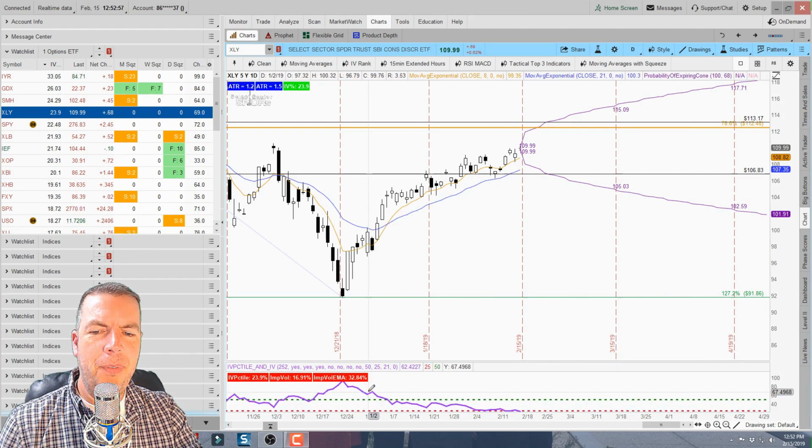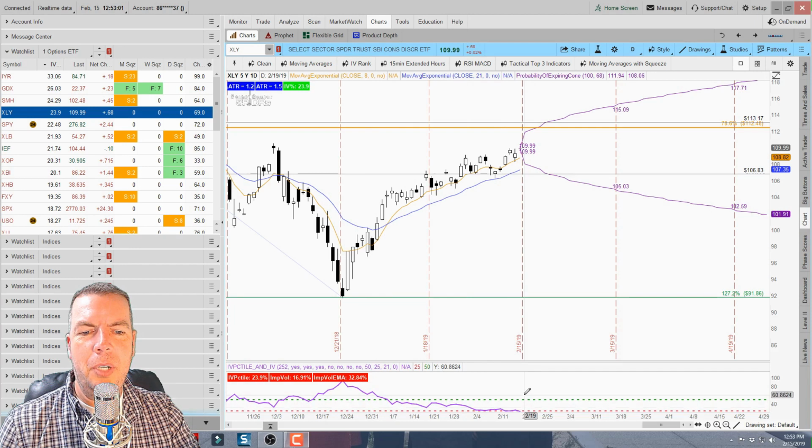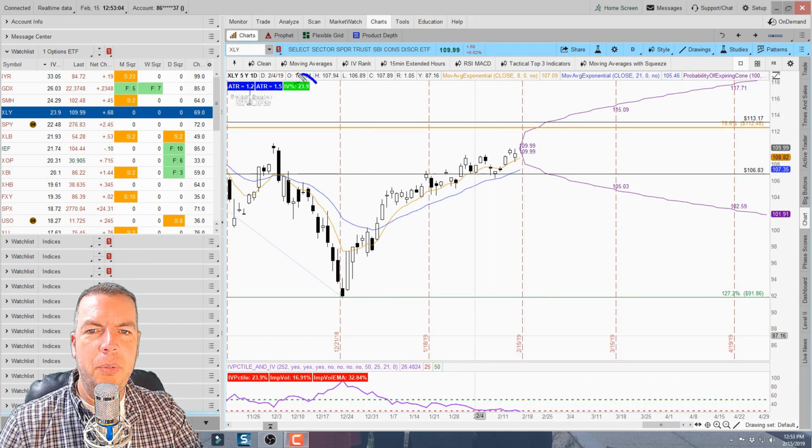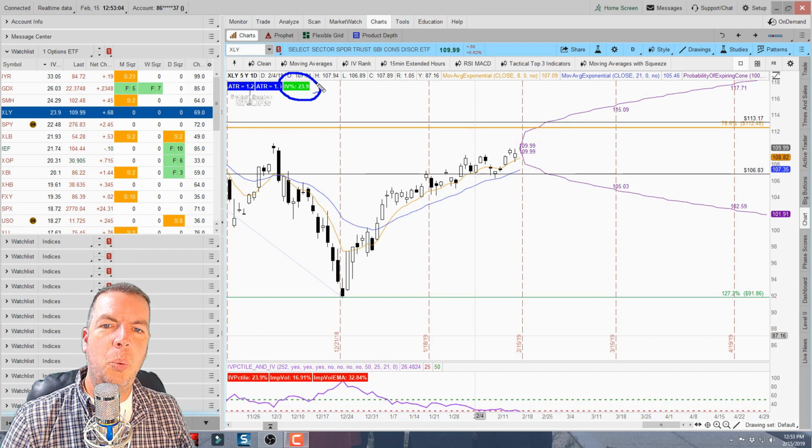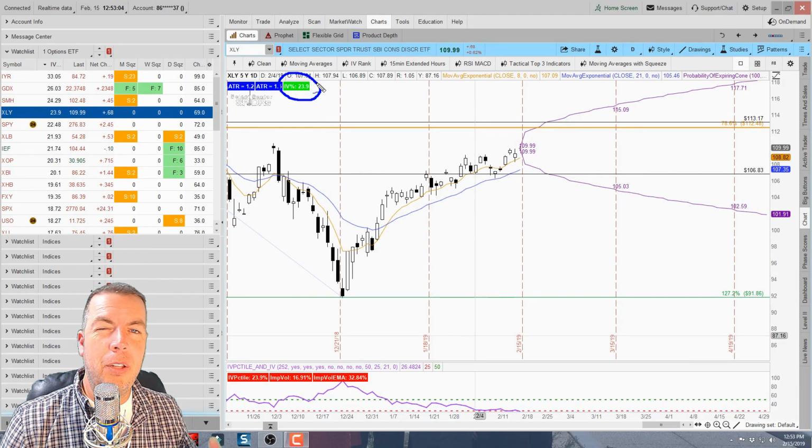You can see the implied volatility is not the highest. I mean, usually we want to try to sell these when implied volatility is really high. Right now it's at 23.9%. That's the IV ranking, which means that 23.9% of the year, over the last year, volatility has been lower than it is right now.